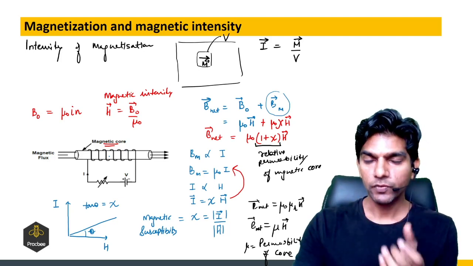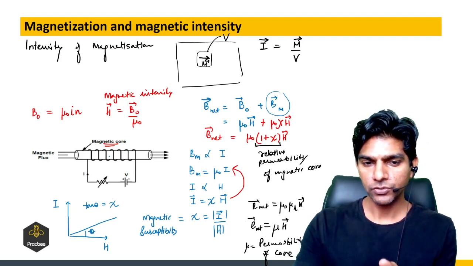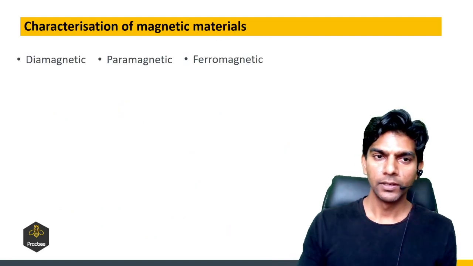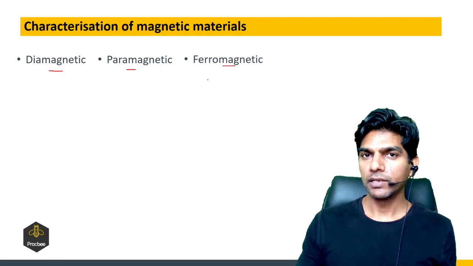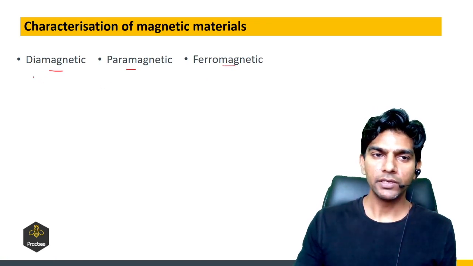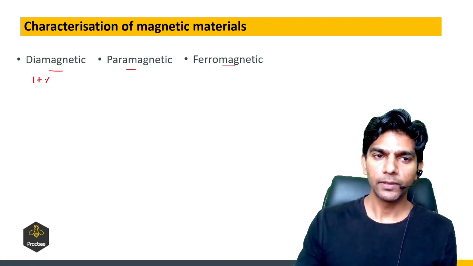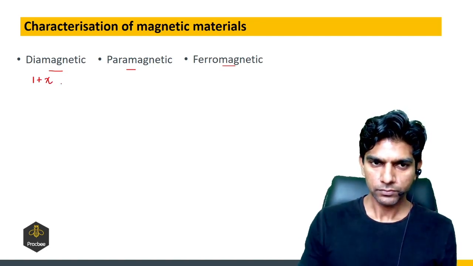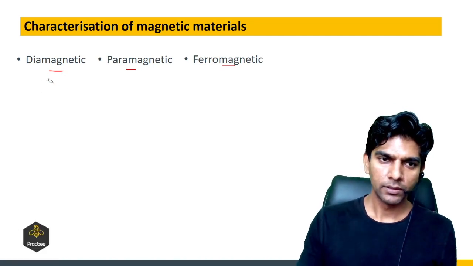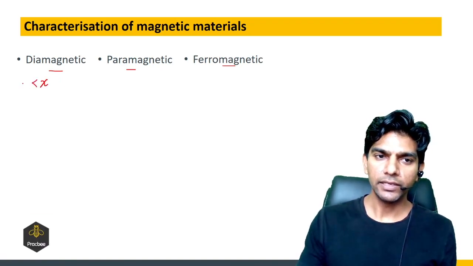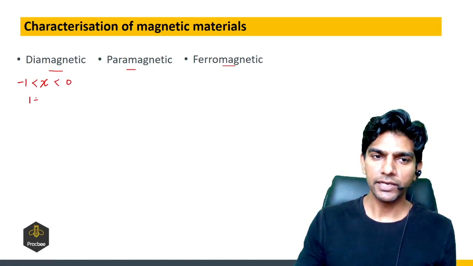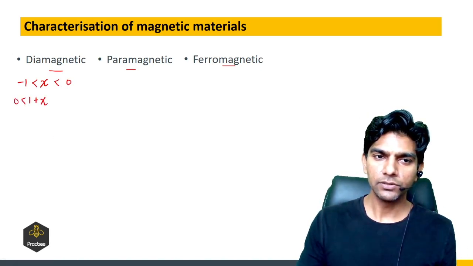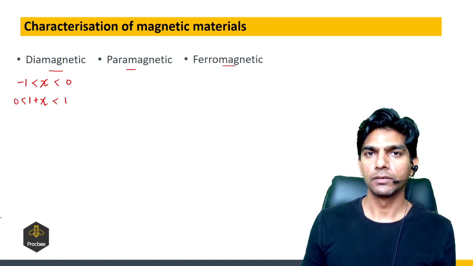Now let us see how we can categorize material based on the value of chi. We can categorize material as diamagnetic, paramagnetic, and ferromagnetic. In case of diamagnetic material, the chi value will be greater than -1 and less than 0. So we can say chi is negative. So 1 plus chi will be greater than 0 and less than 1.